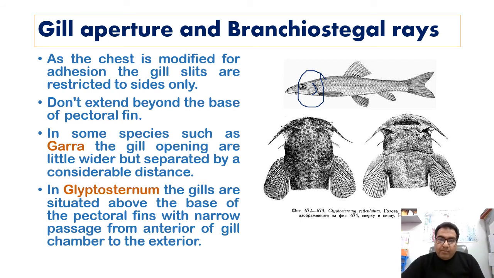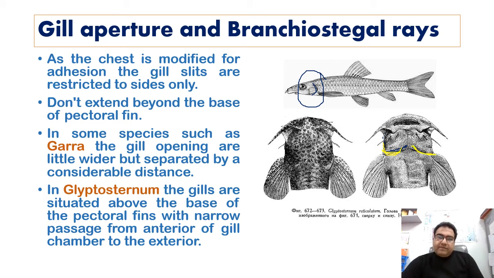Now, one more important thing is that when we see the underside, in the case of the fishes which are living in the plains, or which are living in the slow moving waters, the gills are extended to the ventral side like this.